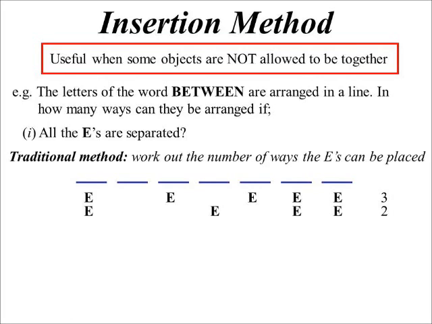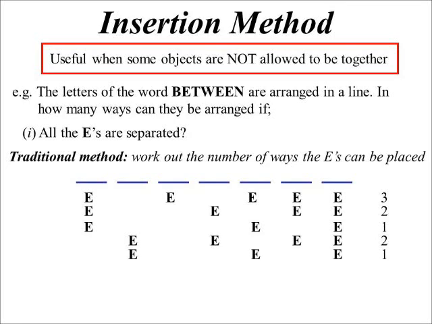Or I could do it like that, where I'll leave 2 between the first and the second E, and then the last E could go in the second last spot, or it could go in the last spot. So that's 2 ways. Or I could separate the first 2 by 3, and that leaves me with 1 possibility. Or E doesn't have to be in the first spot, so I could do it like that, but then that last E could move, so I've got 2 ways.